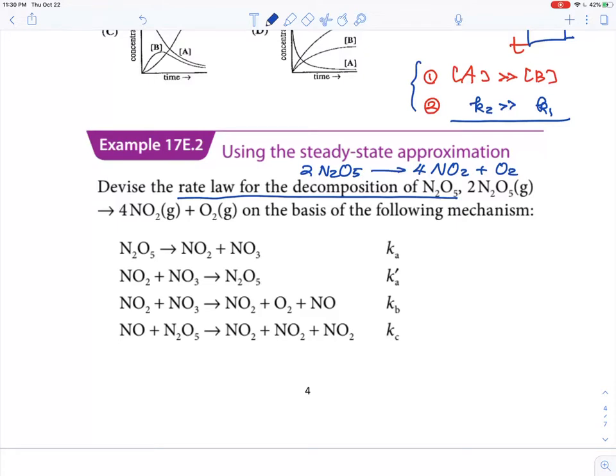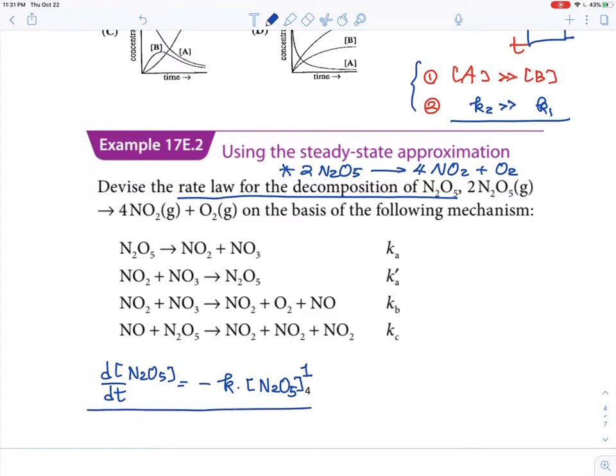Okay, and so this is essentially what is an apparent reaction. As far as this reaction is concerned, the decomposition rate of N2O5 must have a certain reaction constant, and then from the experiment people found the rate depends on N2O5 to the first power.